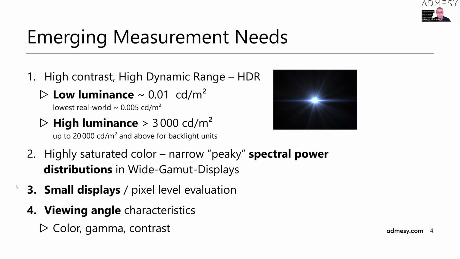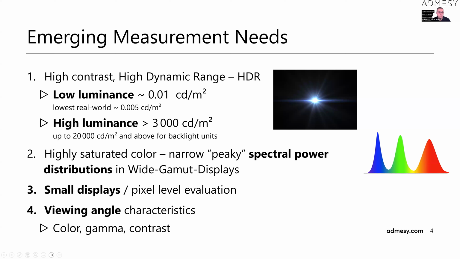And to realize this large color gamut, you need to have a display where you have typically 3, but can be any other number as well, 3 or more primary values. They need to have a very narrow spectral power distribution. And then you can achieve a really so-called wide gamut display with very, very saturated colors. But that can be challenging to measure as well.